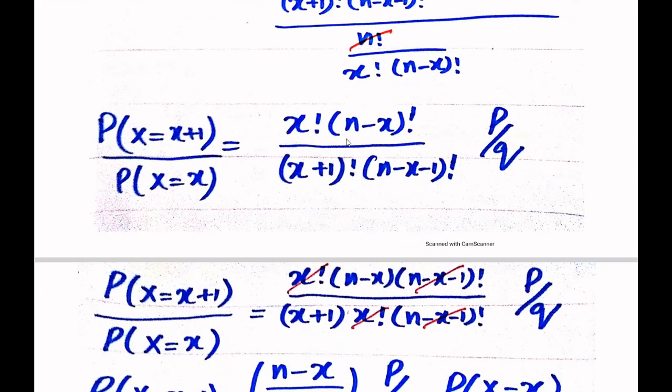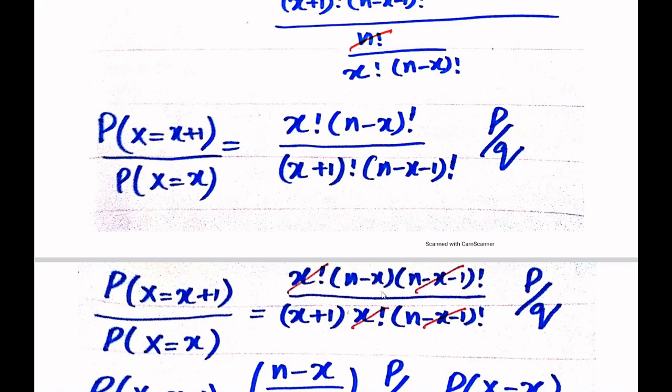So now we expand the factorials x factorial and (n minus x minus 1) factorial. As you know, when you have 3 factorial, we write it as 3 multiplied by 2 factorial.